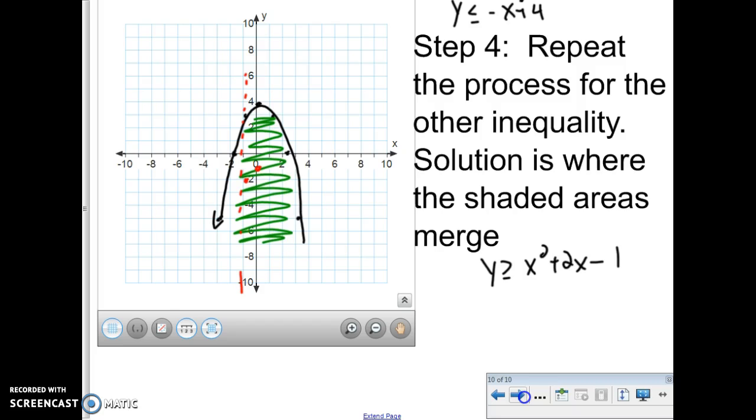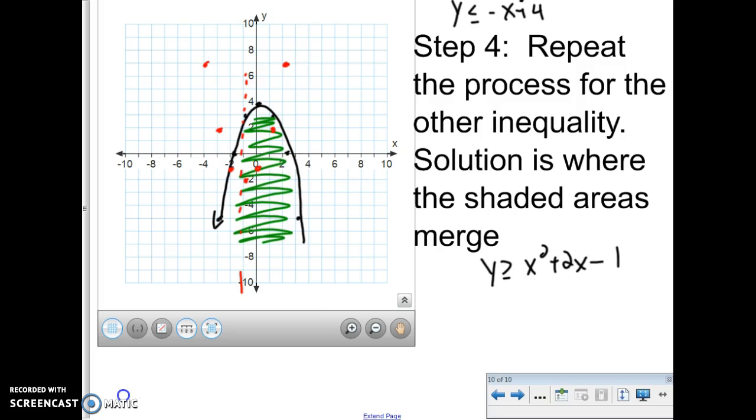And I'm just going to graph the rest of the curve. So I have my points on my curve. I can try to draw a couple more. Now I want to connect the dots.